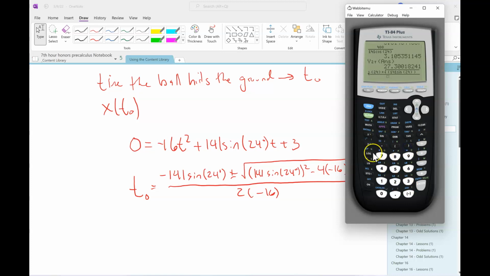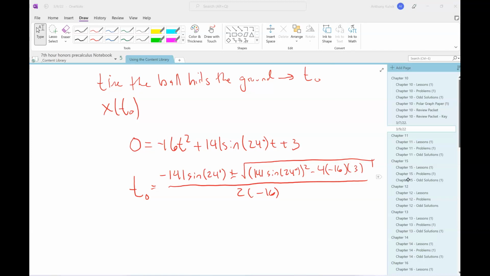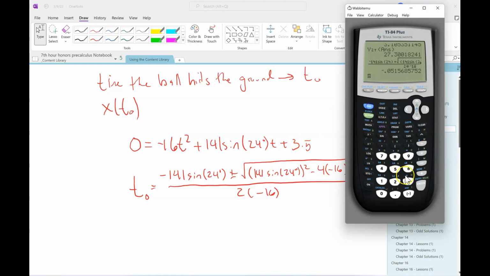Notice I'm taking that whole thing and putting it into a parenthesis and then squaring it. Minus 4 times negative 16 times 3 divided by 2 times negative 16. Oh, it's 3.5, right? My goodness. I was like, that's not the same number I got last class.